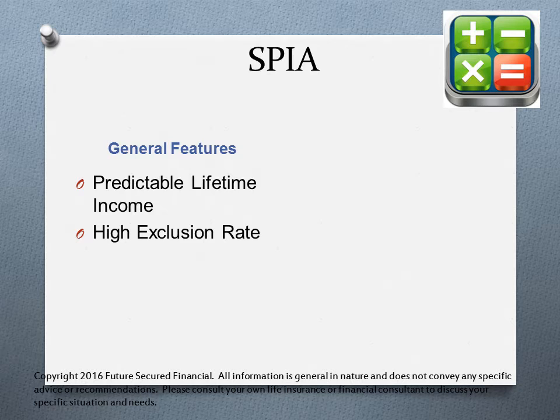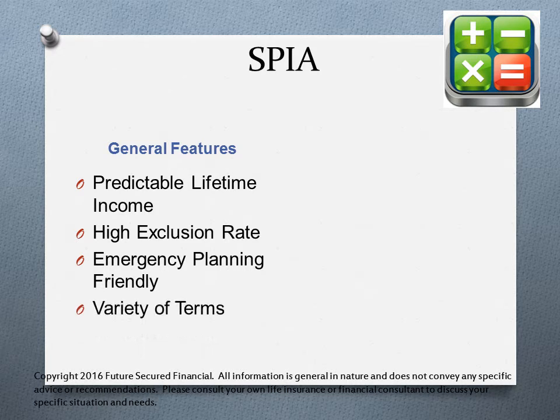But that means that that amount of the income that you get from these is not counted as income for taxes. It's great for emergency planning. It can really do a lot to help you if you haven't done much planning up to the point when all of a sudden perhaps you're running into a nursing home. There are certain ones that are Medicaid friendly, Medicare friendly.